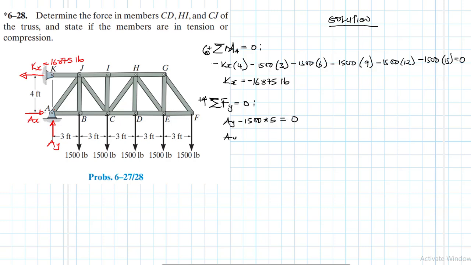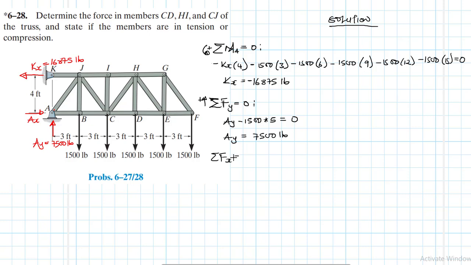And therefore my ay is going to be equal to 1500 by 5. So this is 7,500 pounds, right? So this ay is equal to 7,500 pounds.